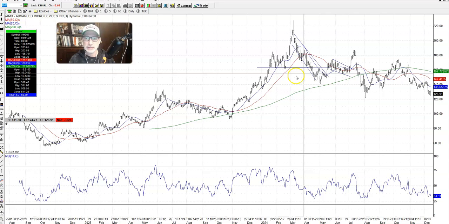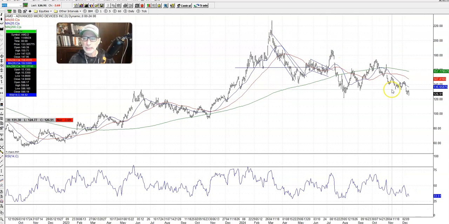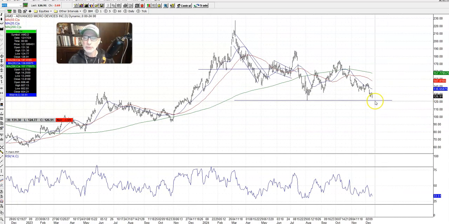AMD right now looks like it just wants to keep going down. I would not be getting bullish on AMD right here. People might want to try to pick some bottoms. If anything, you want to draw some prior support areas. Okay, so this could be a prior support area right here. You draw the line, and maybe you wait to see if AMD bounces off of this line.